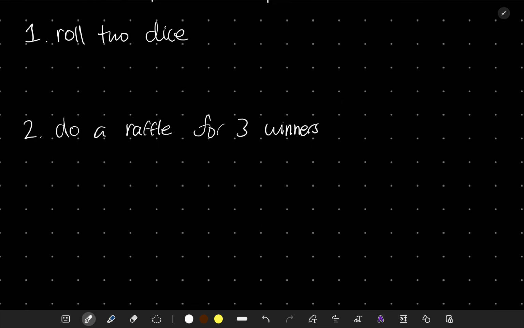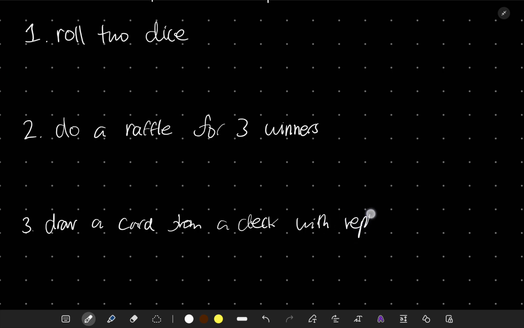Then the last one, I'm going to say drawing a card from a deck with replacement. Okay, so just take a couple of seconds to think about that. I think this is not going to be too hard. Just think about if one of the events is going to affect the other, and then that'll determine if it's independent or dependent.